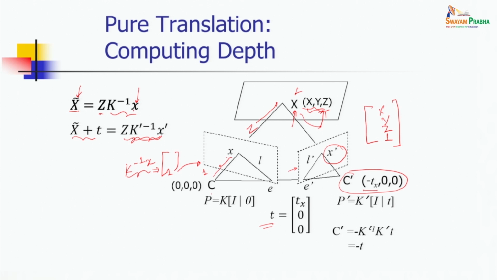Again, by multiplying with z, we get it, because nothing else has changed. There is no orientation change, so the z axis remains parallel. So if I multiply with z, you will get the three-dimensional coordinate in the coordinate system of this camera.